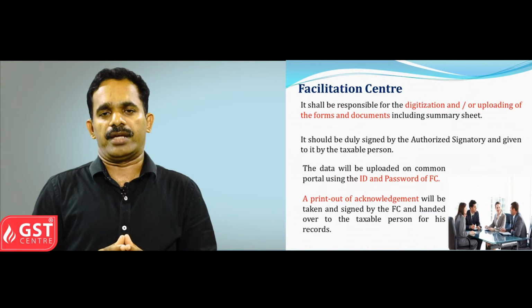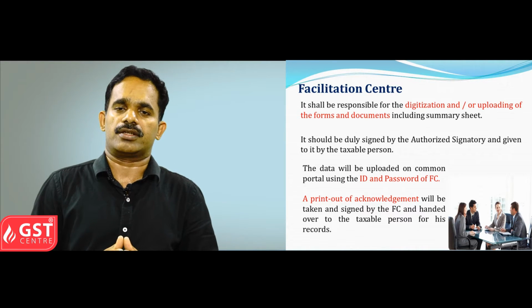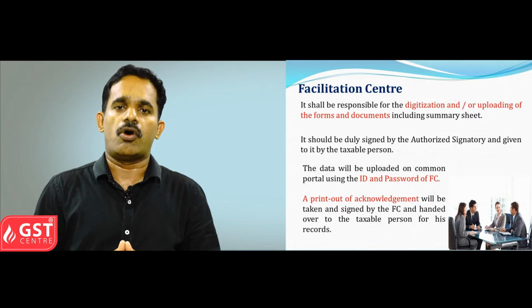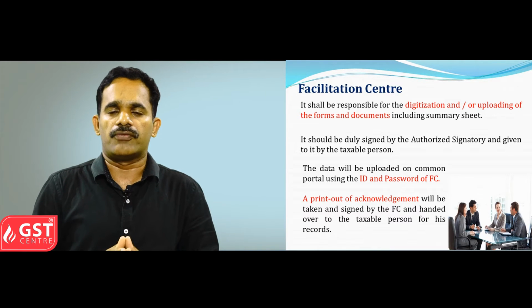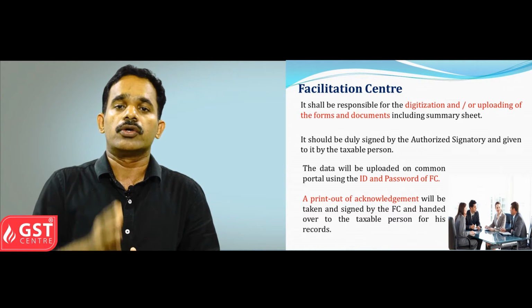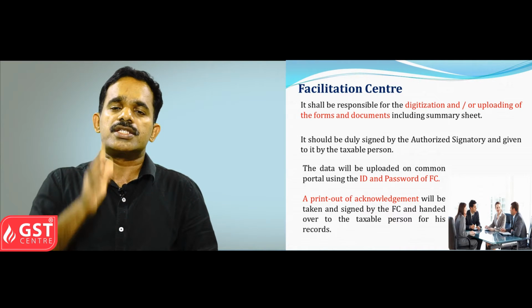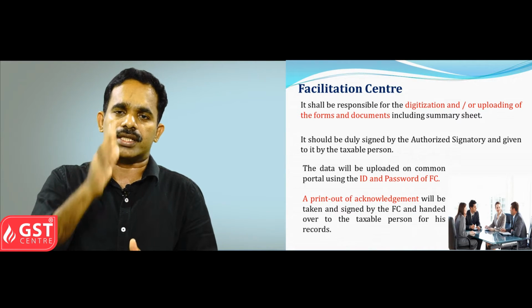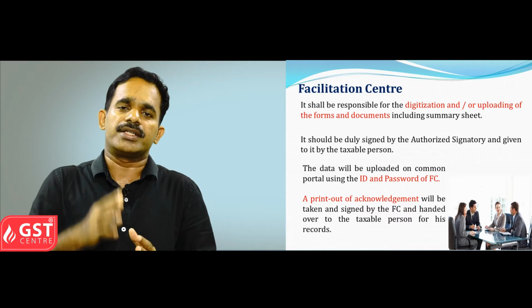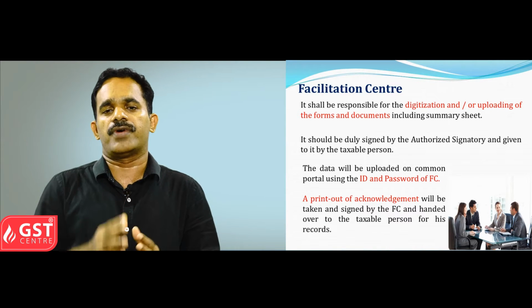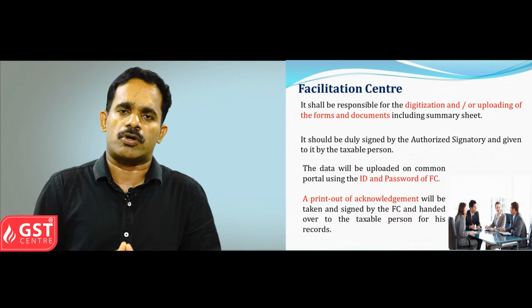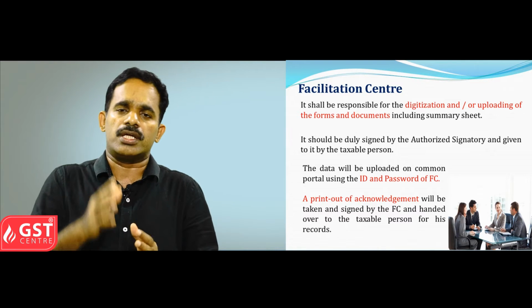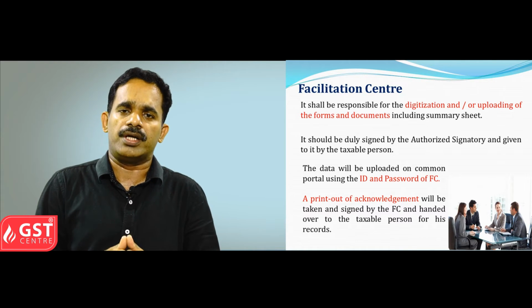There is another term, that is Facilitation Center. The Facilitation Center or FC will be uploading or digitizing the forms or documents including the summary sheet. It is duly signed by the authorized signatory and given by the taxable person to the Facilitation Center. The uploading or digitization of forms or documents including the summary sheet will be done by the Facilitation Center using the ID and password.